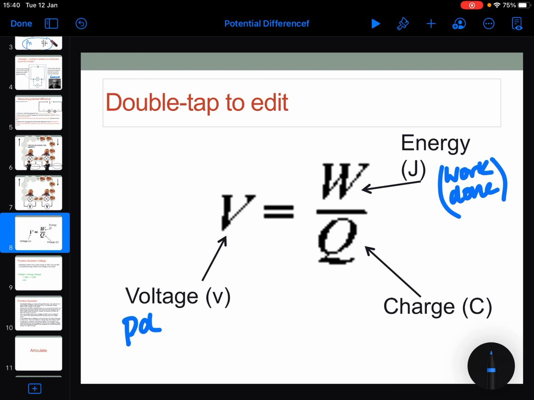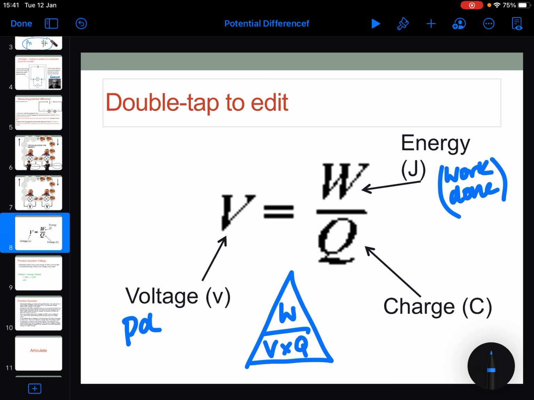So that's where the W came from. Don't pay too much attention to it. We'll always really refer to it as energy. Energy is measured in joules, and Q is charge, measured in coulombs. If you would like a triangle, it's W energy on the top and V times Q on the bottom. Please write this down if you have not done so.